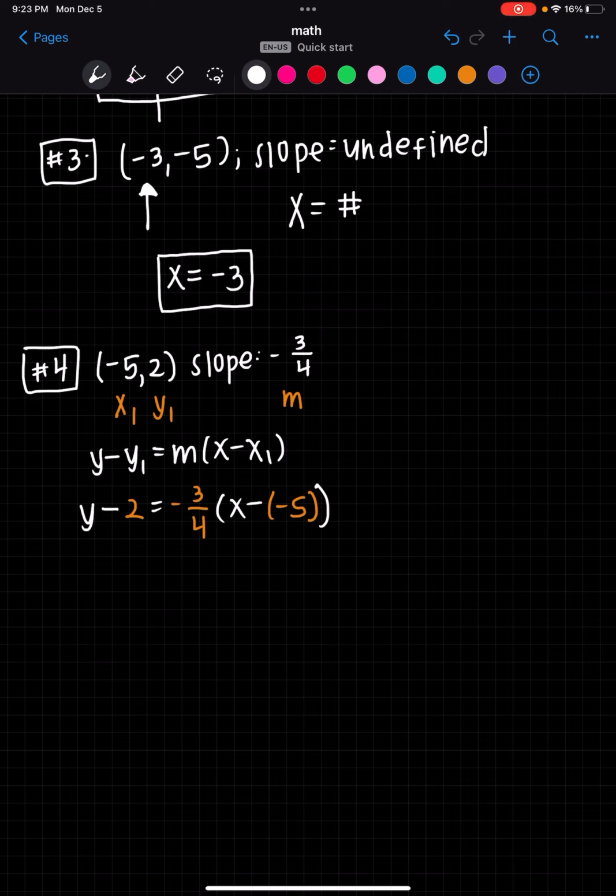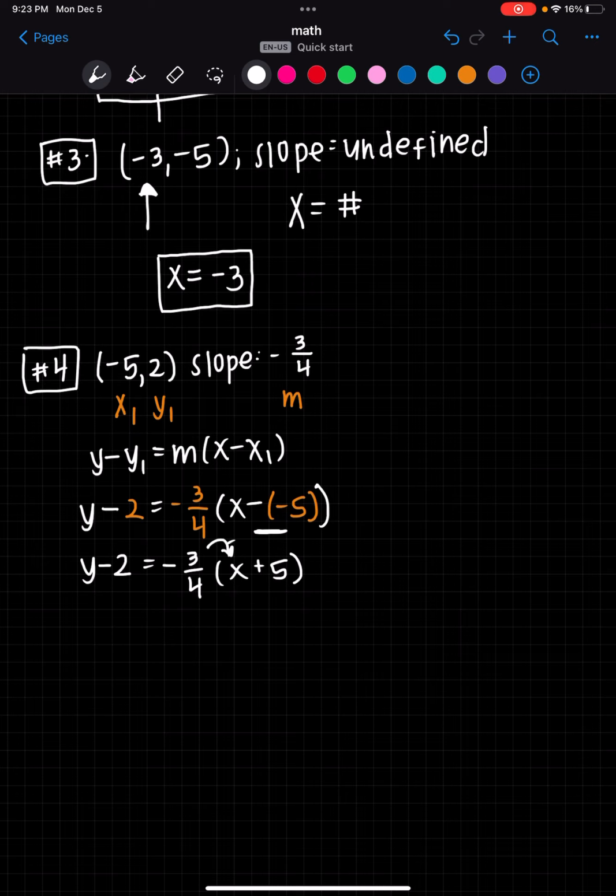Okay, so I'm going to leave the left side as y minus 2 for now. Then, before I can distribute the -3/4, remember the two negatives right next to each other right here, make a big positive. So I'm going to just rewrite it as -3/4 and then x plus 5 instead of x minus a -5.